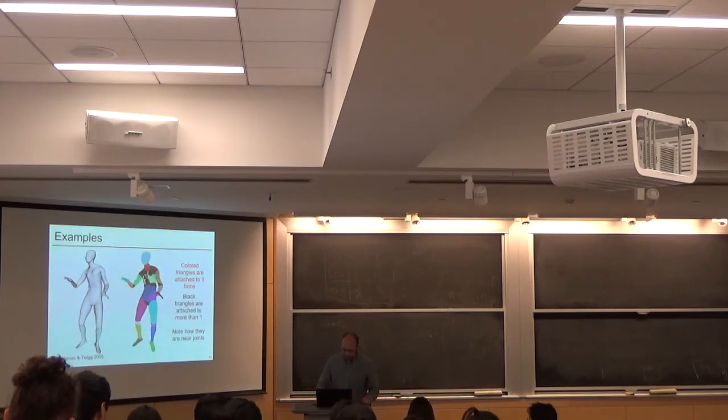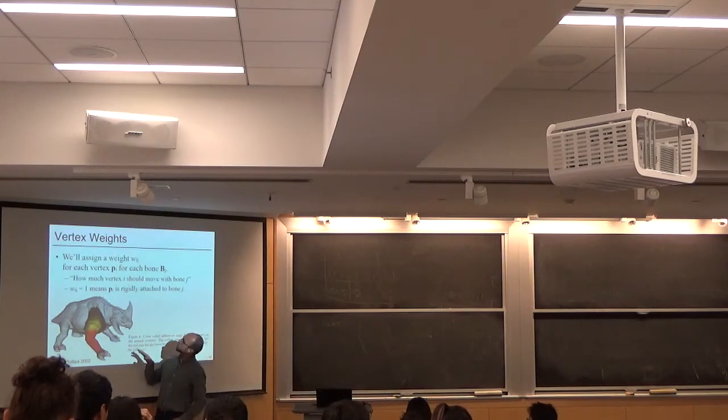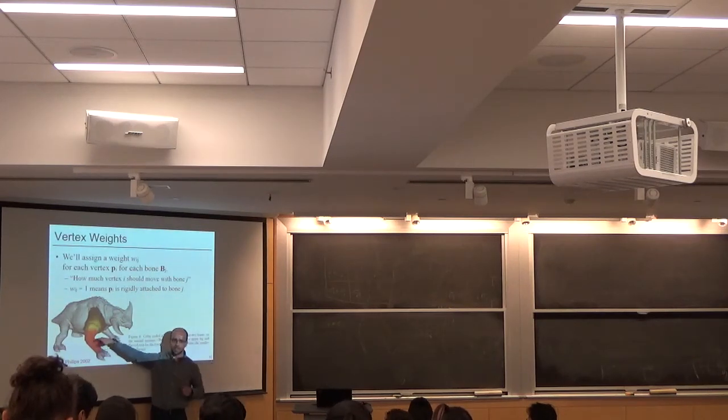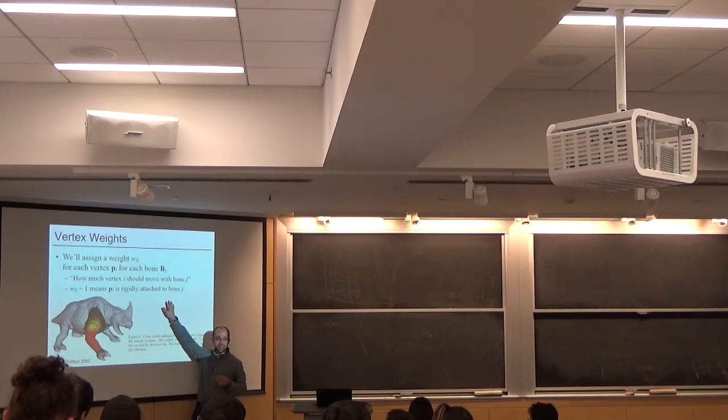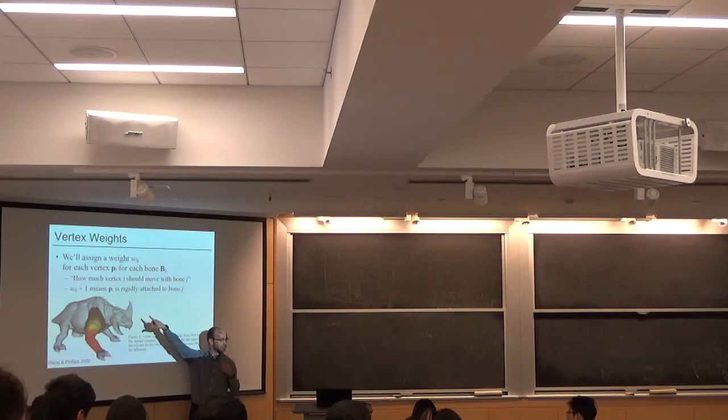Okay. So to start with, remember that a bone is a bunch of joints connected by ranges of motion. We're going to give every bone what we call a weighting function. For every vertex p_i of the outer mesh, and for every bone v_j, I'm going to have a weight w_ij, which is equal to the influence of bone j on vertex i.